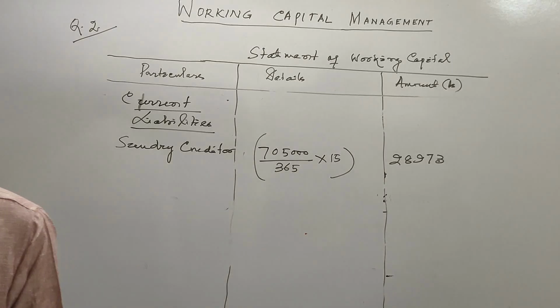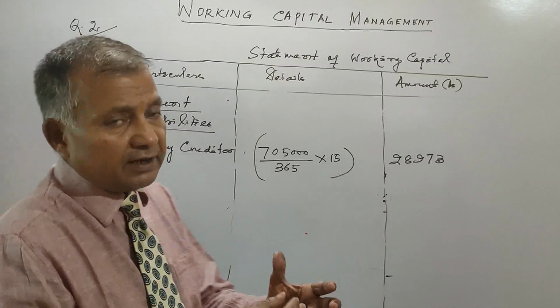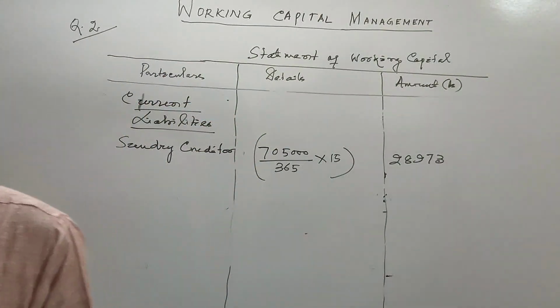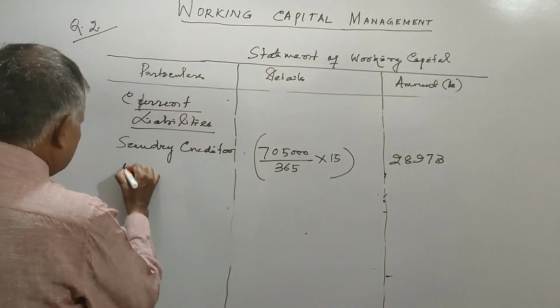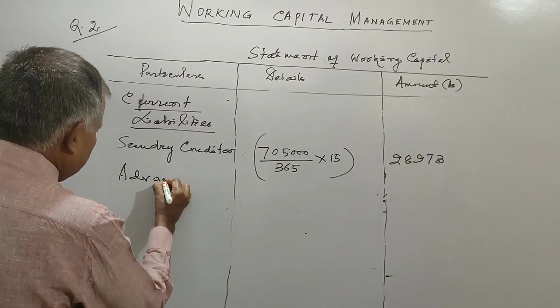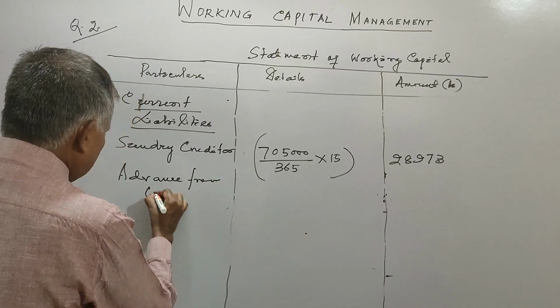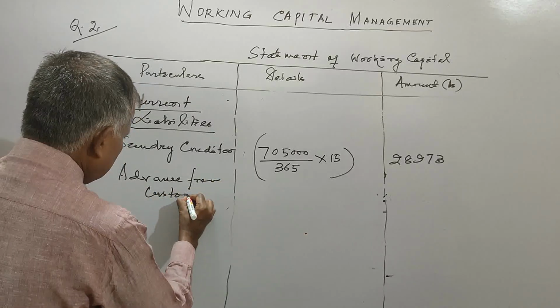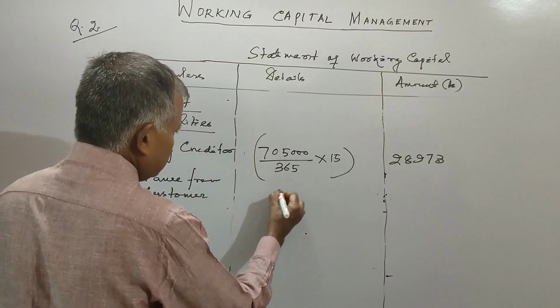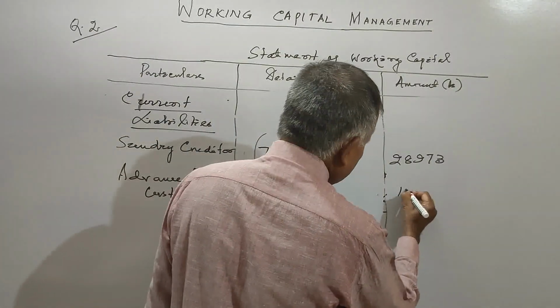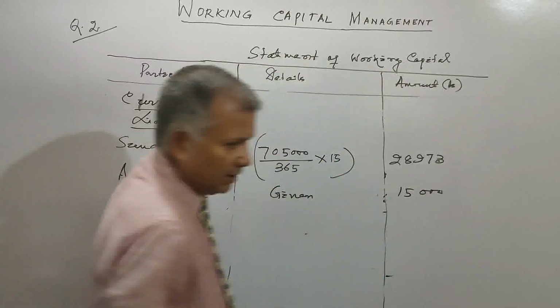Then advance from customer, this is also given, because if we are taking advance from customer, this is again a liability. So advance from customer is a liability. This is given in the problem. This is 15,000, right?